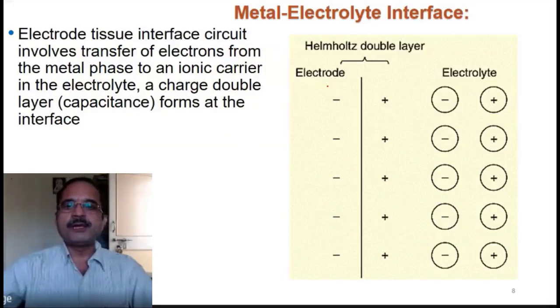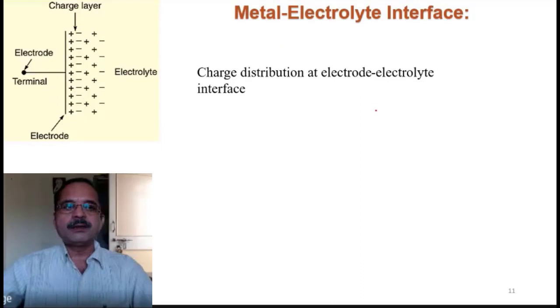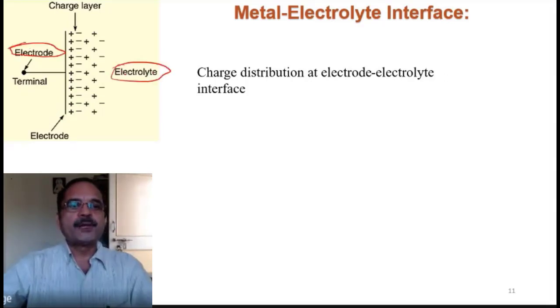Some voltage is developed on the two sides of the electrode, some negative charge and positive charge, and because of that there is a charge distribution. On one side there is an electrode, on the other side there is an electrolyte.